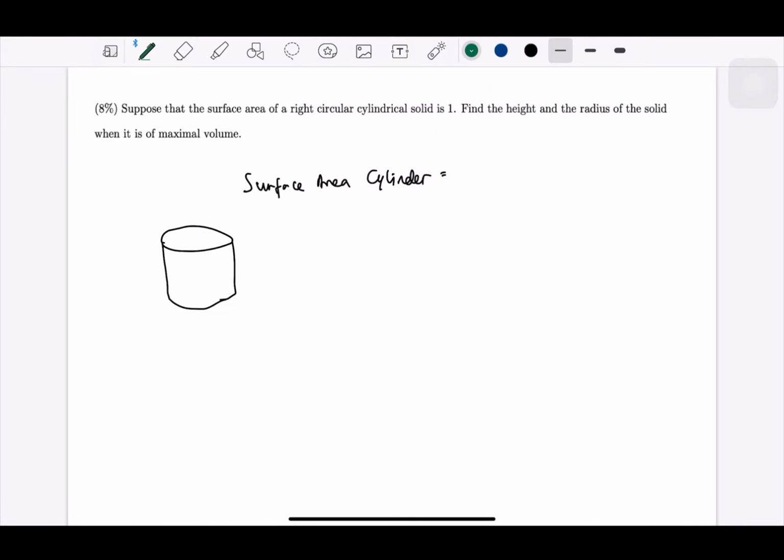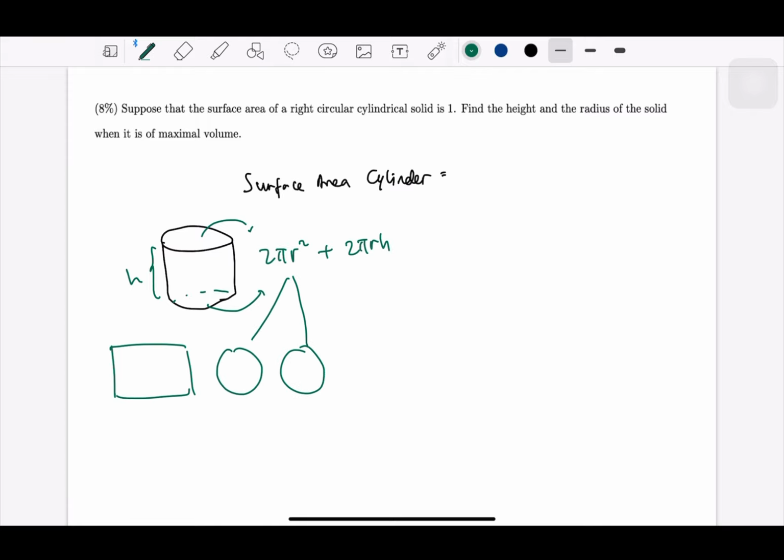You will have 2 circles for the area, plus the one at the middle. If this is h, then this will be 2 pi r h, because if we break it down, these are the 2 circles and this is the rectangle, where this is h and this is 2 pi r, the circumference of the circle. That will be our surface area, and it equals 1, and will be our constraint.